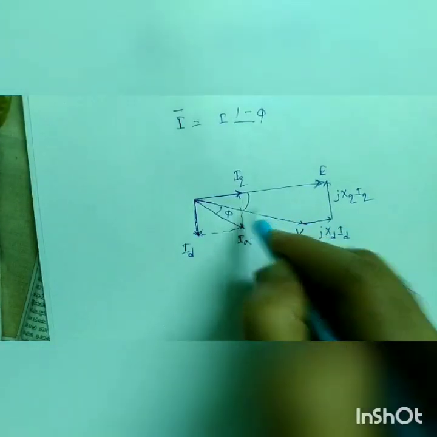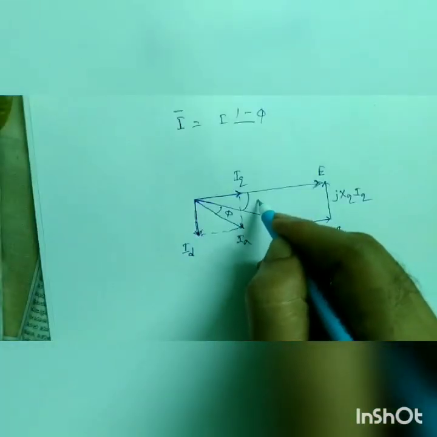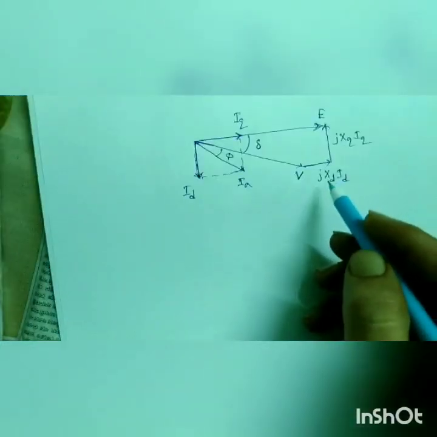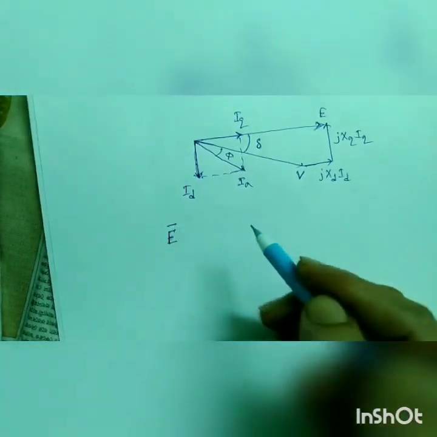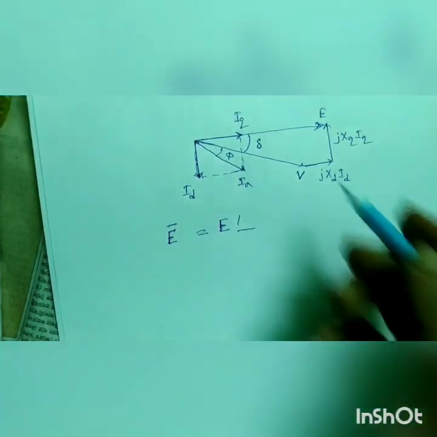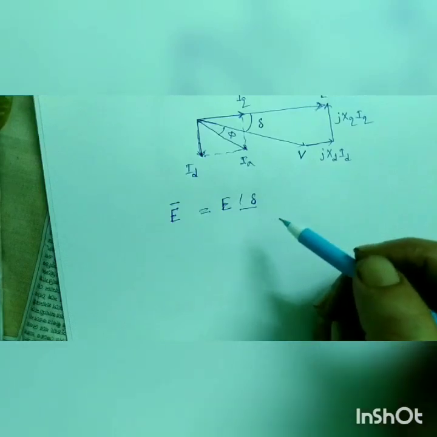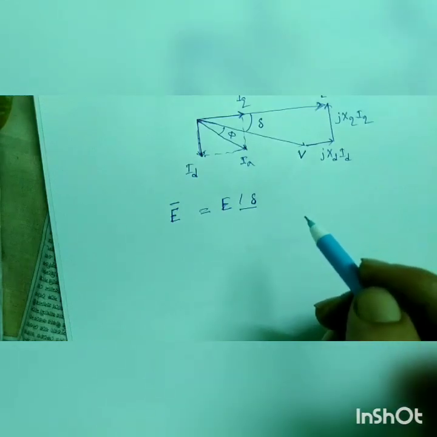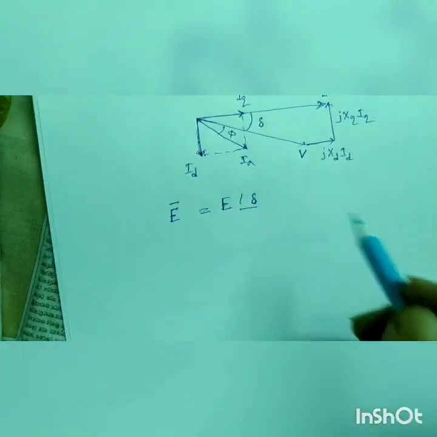The angle between the induced EMF and the terminal voltage is del. So you can write the induced voltage phasor for the alternator as E at an angle del. Always remember, for a generator or alternator, del is always positive, but in case of a synchronous motor, the load angle del will always be negative.